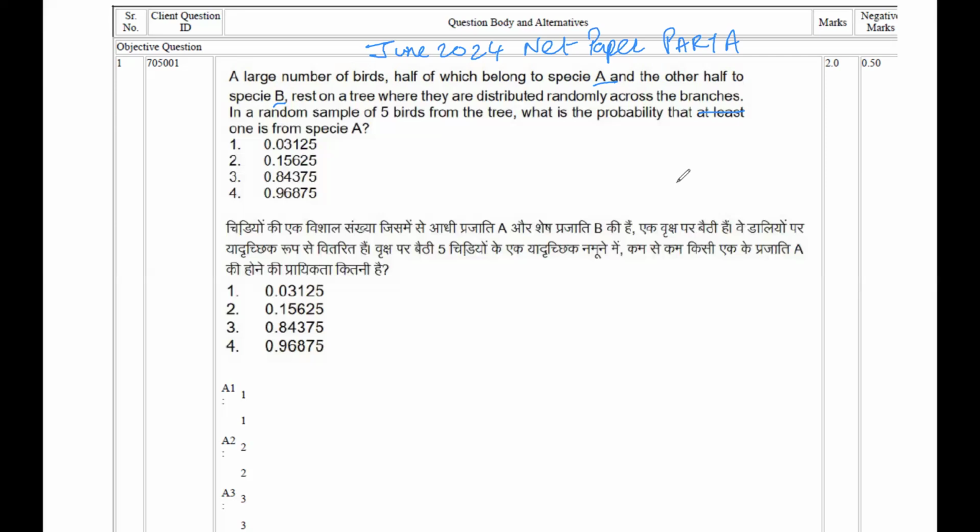The other half to species B. In a random sample of 5 birds from the tree, what is the probability that one is from species A?